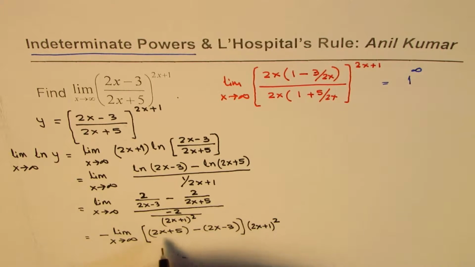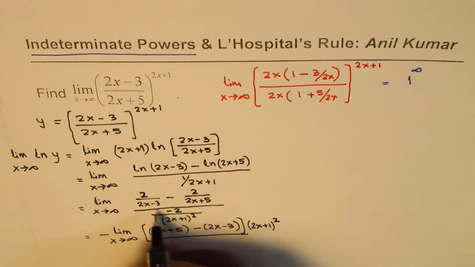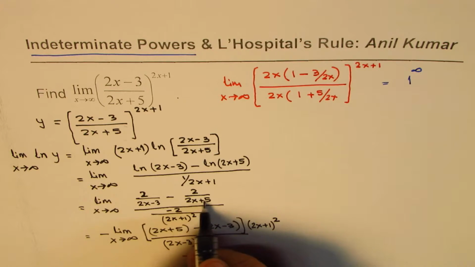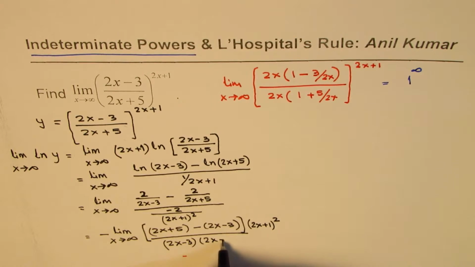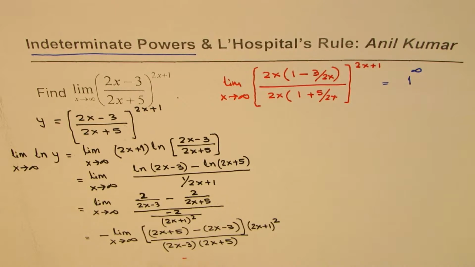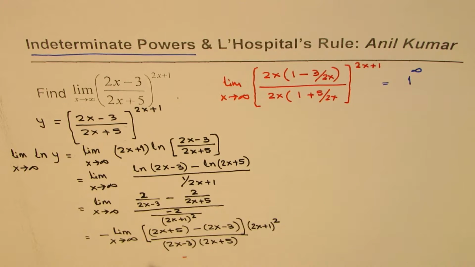And these terms come in the denominator. So let me write this as (2x minus 3) times (2x plus 5). Try to understand this step. So we have taken the common denominator, the product of these two, which comes here, and cross multiply.